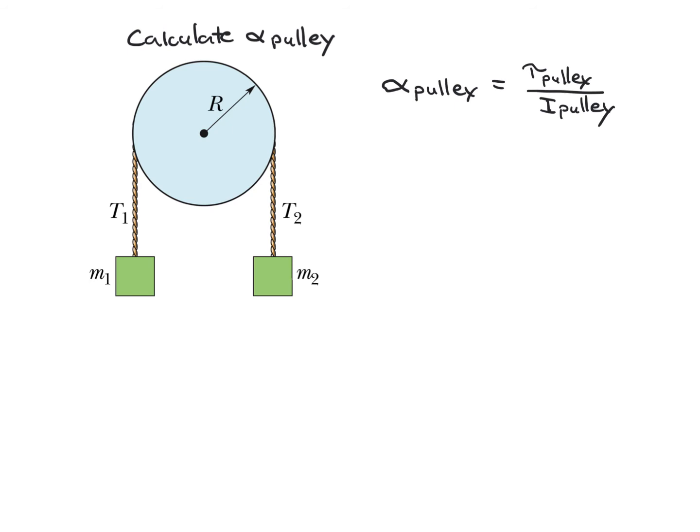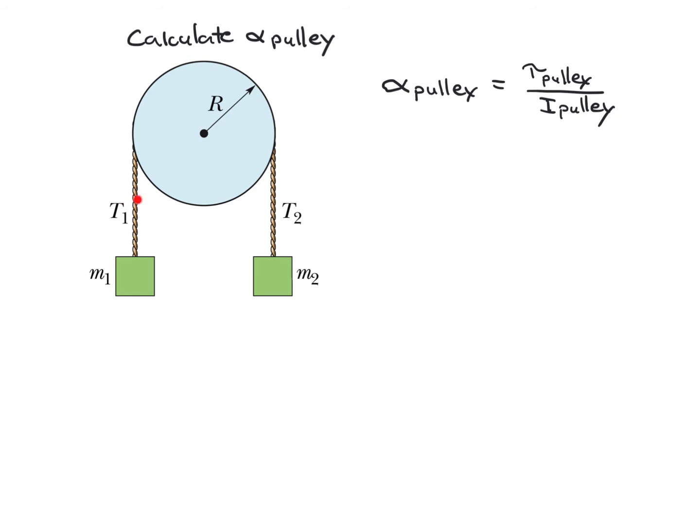So in other words, we're going to make use of the rotational analog of Newton's second law. The torque on the pulley is going to be caused by a combination of torques due to the tension in each of these two strings.